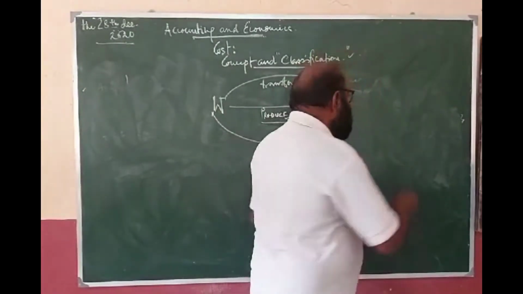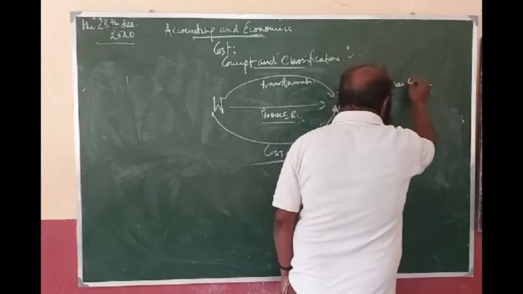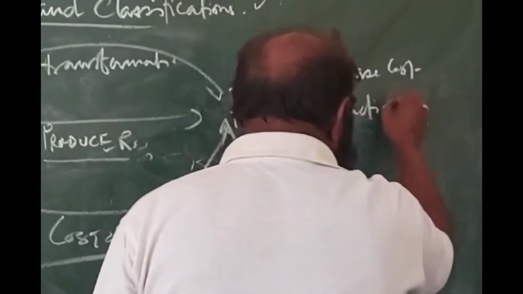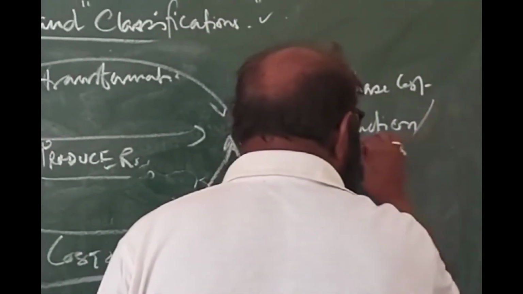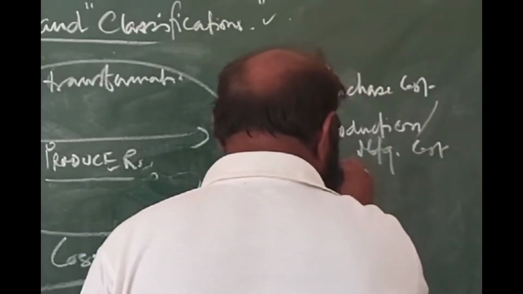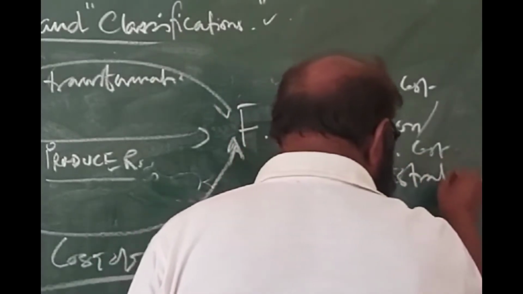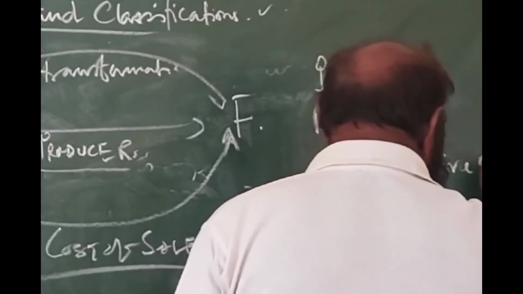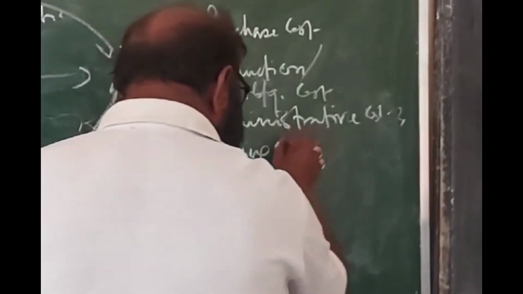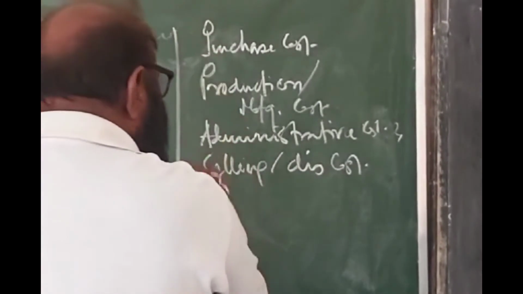I told you there are purchase cost, production or manufacturing cost, administrative cost, selling and distribution costs.